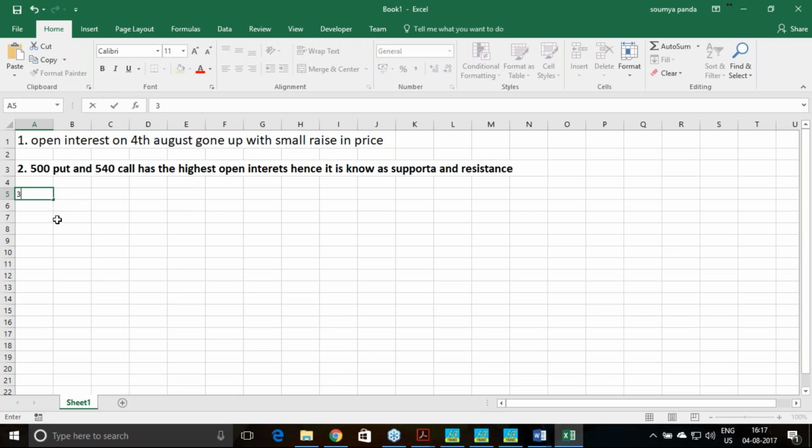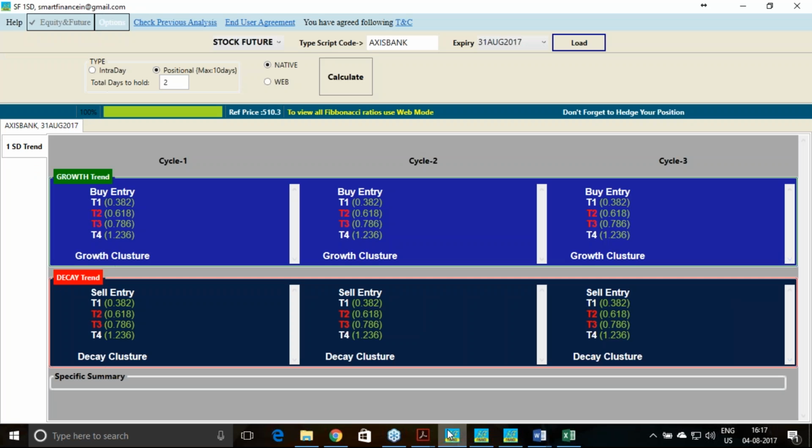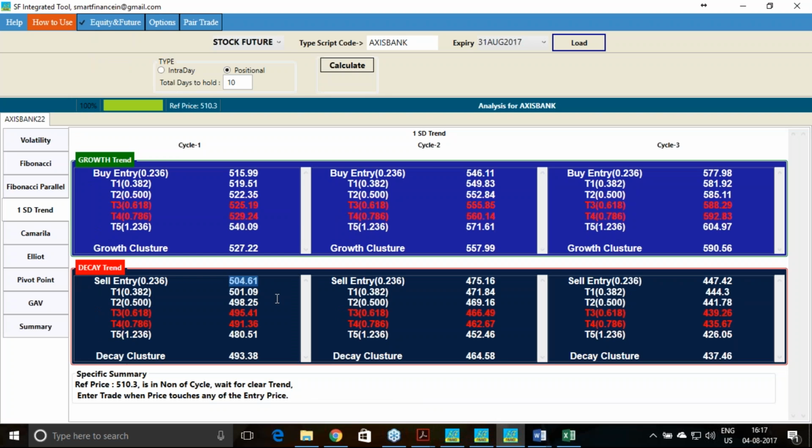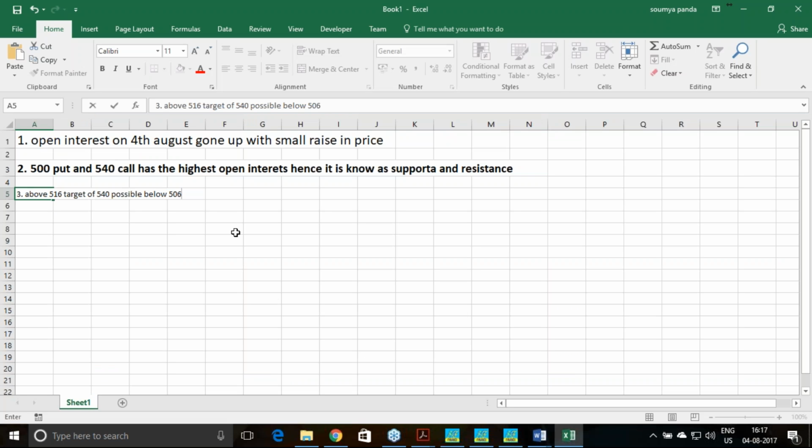Number 3, you got a trend analysis done. So above 516, a target of 540 is possible. Below 506, so 505, 480 is possible.